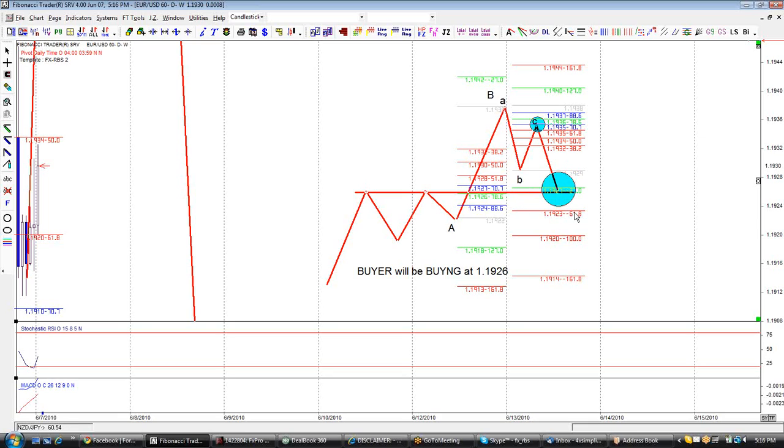One of the next targets might be the 1618, lower, but probably one of the first will be either the B at 1929 or here the C, the 127, I'm sorry. Now note how this 127 is converging with the 786 that we as buyers want to enter.